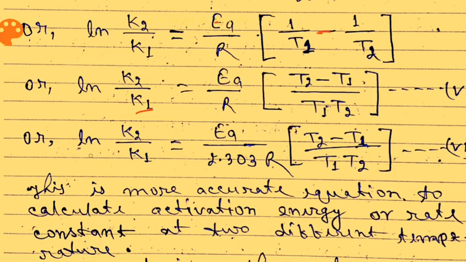So ln K2 by K1 is equal to EA by R, T2 minus T1 by T1 T2.